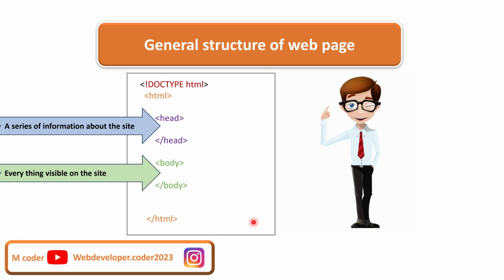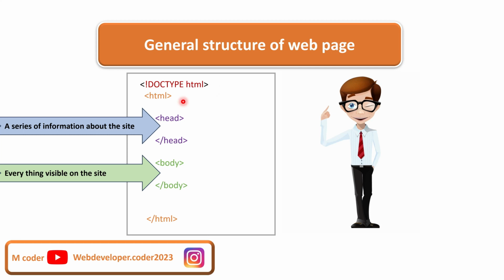In this slide, I will show you the general structure of a web page. The first line, doctype HTML, must be written in the first line of site code. This line shows the version of HTML.